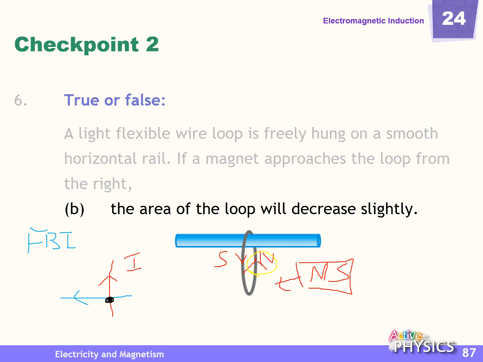So what is pointing out of the paper on this ring is pointing toward the center. Okay, so you can try to find the direction of force for this end. Then you will find that the force is also pointing toward the center. So if you have a ring and all the forces point toward the center, then the ring will become smaller in size.